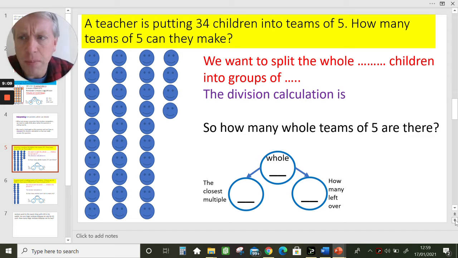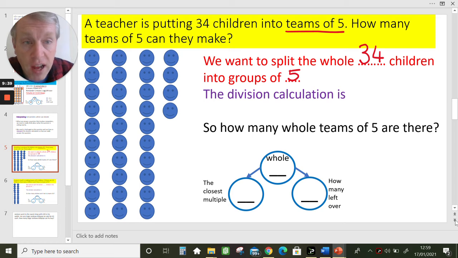A teacher is putting 34 children, 34 blue children, into teams of 5. How many teams of 5 can they make? Well, remember, it's dividing. We want to split the whole group of 34 children into groups of 5, because it's teams of 5.